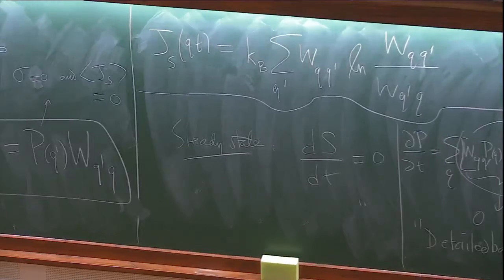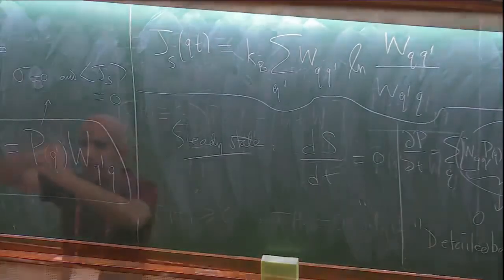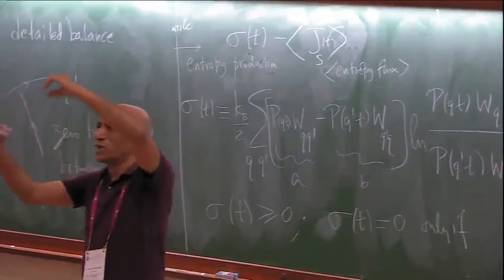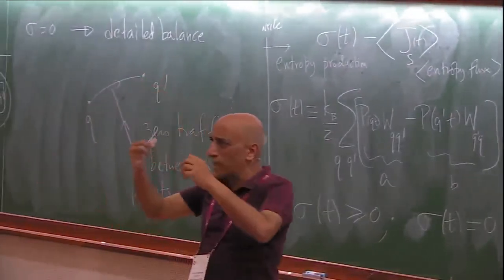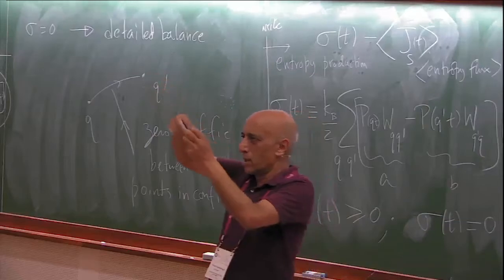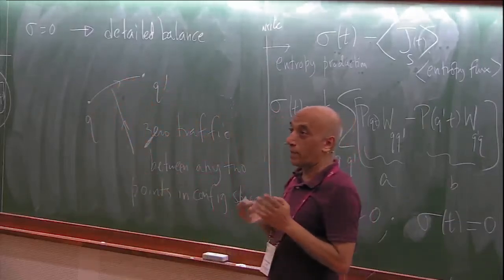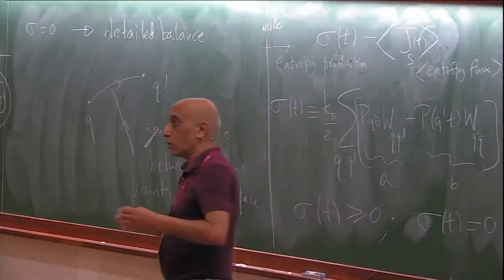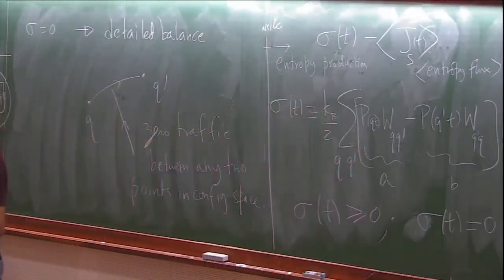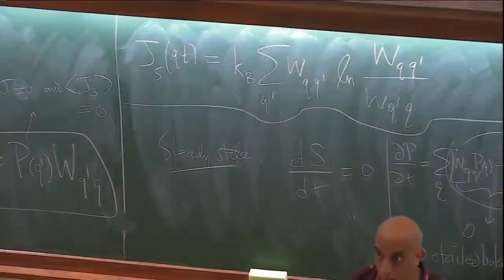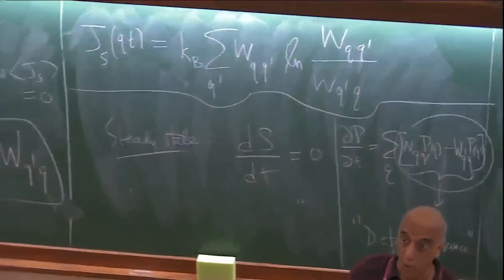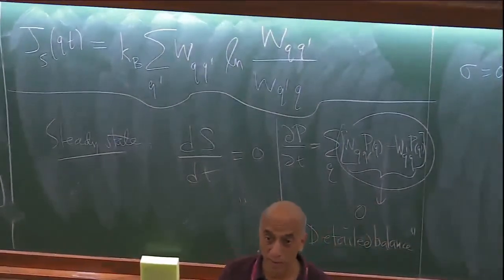Imagine a random set of points and some matrix of W's which connects some of them. Then if there is a pair connected by a little pipe allowing stuff to go, this condition says that the net flow through that pipe is zero. Occasionally something goes this way, occasionally something goes that way, and it precisely balances out. And a stationary state of that sort is time reversal invariant.